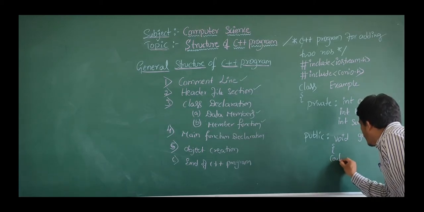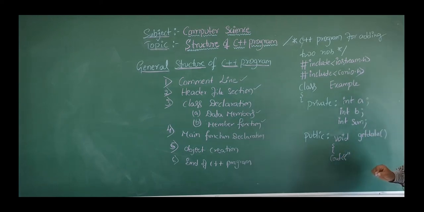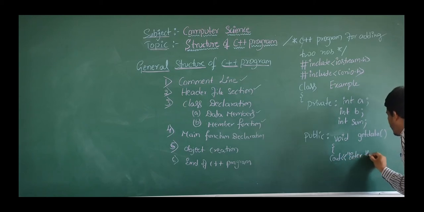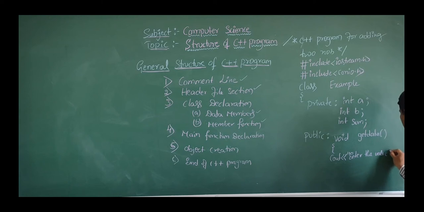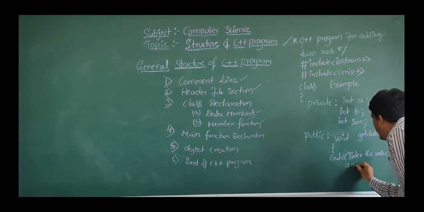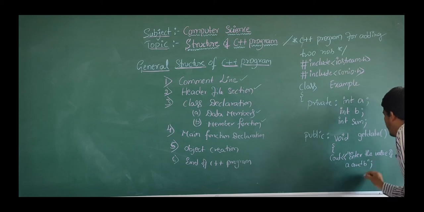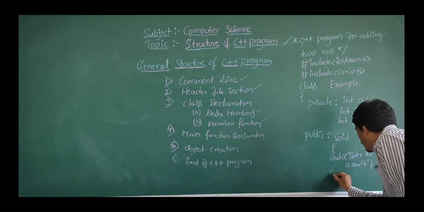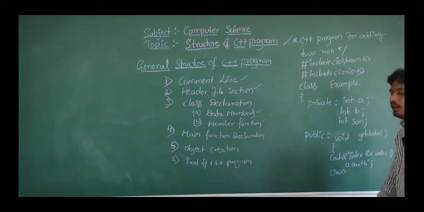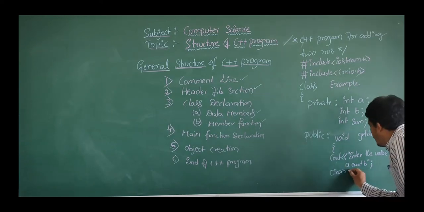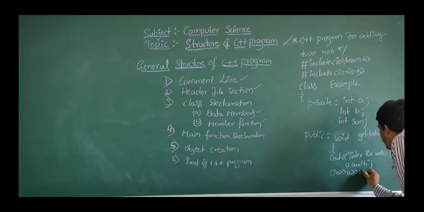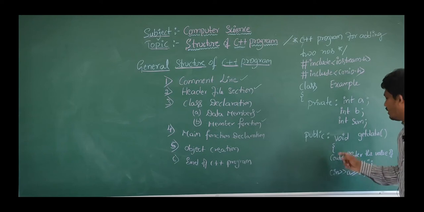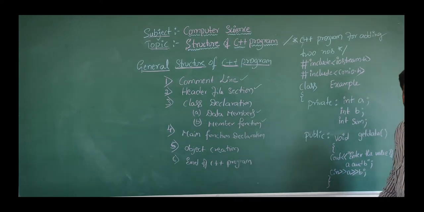Here I am using a cout statement for getting the values of A and B. I am going to write: enter the value of A and B. For getting those values from the screen, we use cin: cin A, cin B. You can write this in two statements, or I can take the values in a single line. So this function closes here.